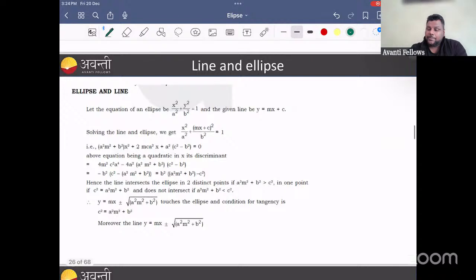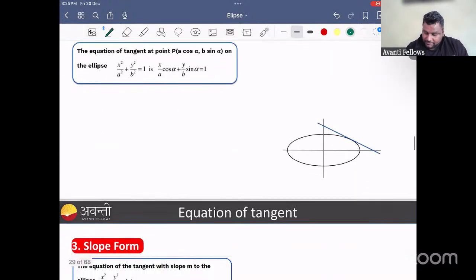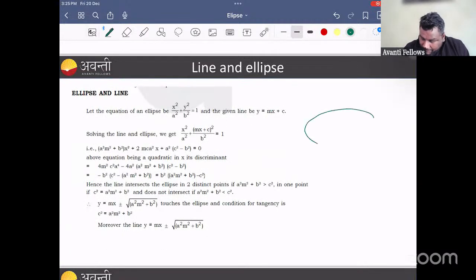Now, the very important thing, line and ellipse. A line can intersect the ellipse at two distinct points.